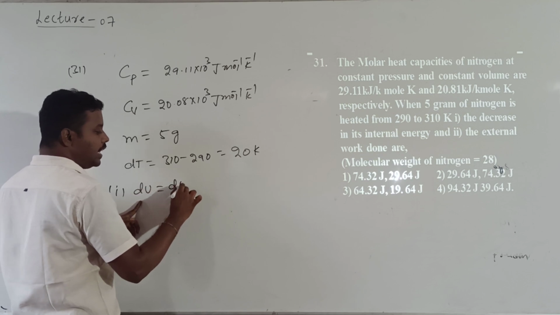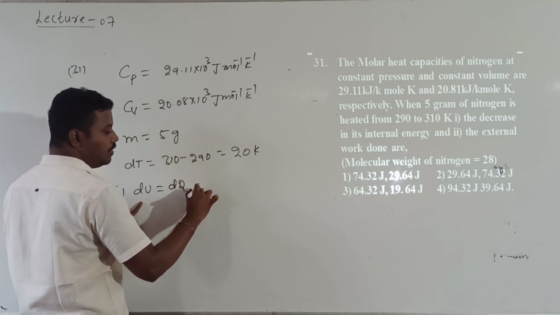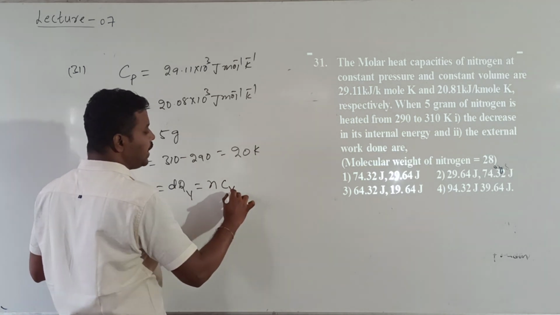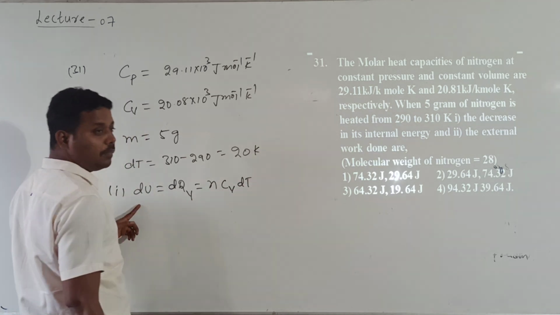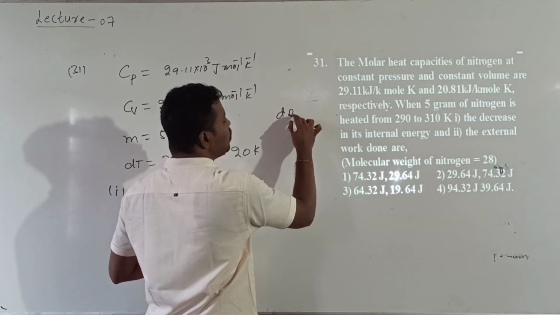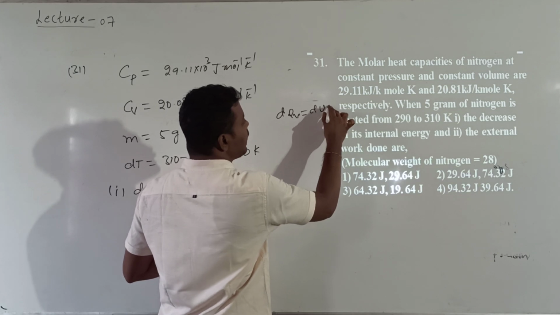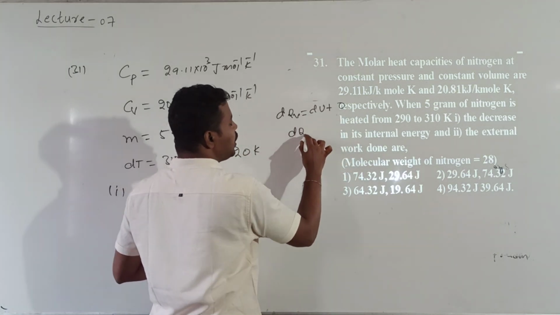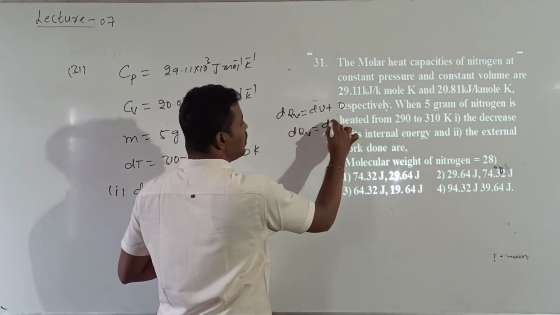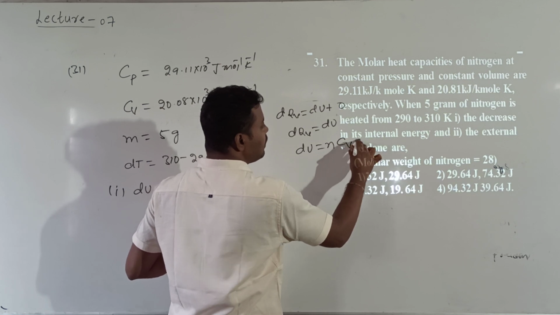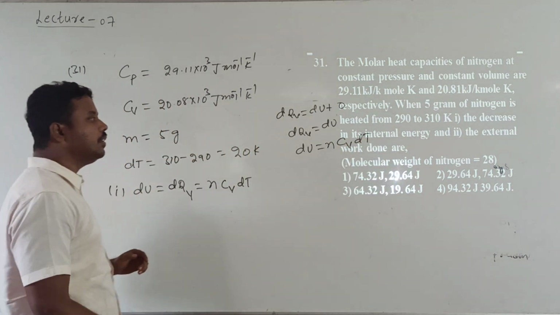dU can be written as dQv, which is equal to n into capital Cv into dT. You know this formula. Heat supplied at a constant volume is utilized only for increasing internal energy and work done is 0, so dQv is equal to dU. So dU is n into capital Cv into dT.